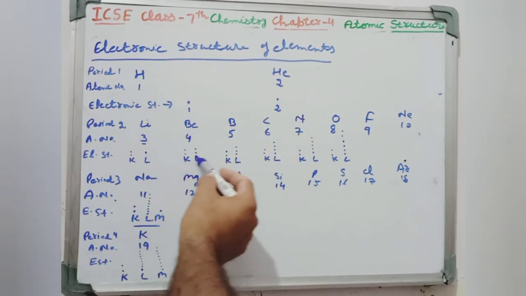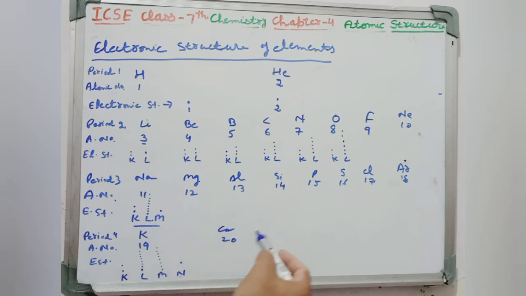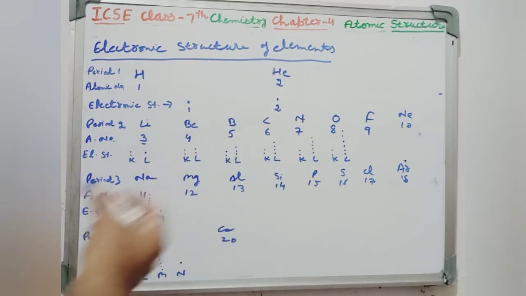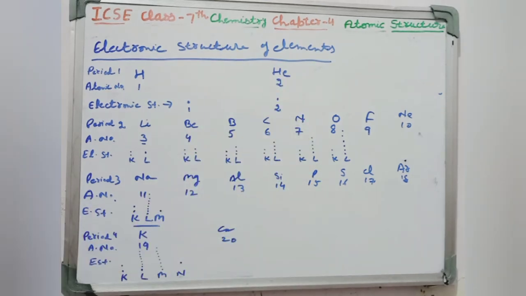Here L is the valence shell, here M is the valence shell, and it is carrying one electron, that is one valence electron.